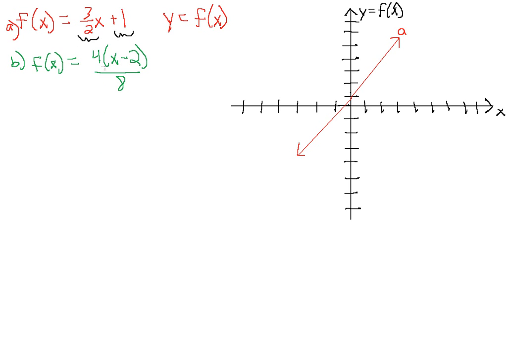So let's rewrite this. Let's start by distributing this 4 into the parentheses. So this becomes 4x minus 8 divided by 8. We can factor out a 4 out of all 3 terms. So we have x minus 2 divided by 2. We can actually split this into 2 fractions.